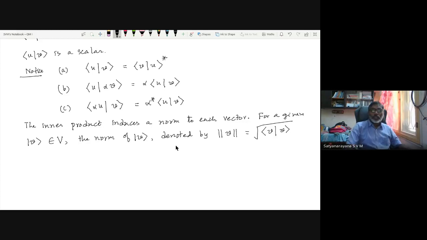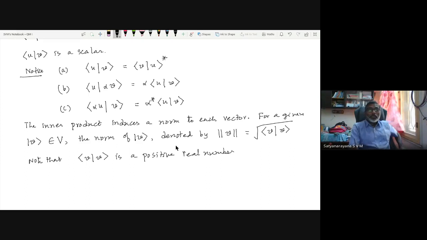That is going to give you the norm. Okay, and note that VV is a positive real number. V can be complex, but VV is always a positive real number.